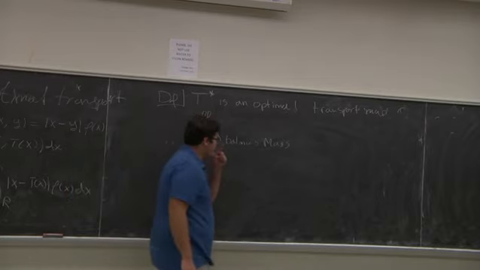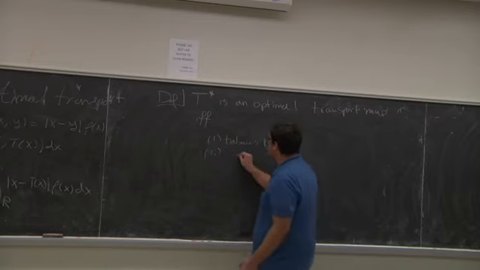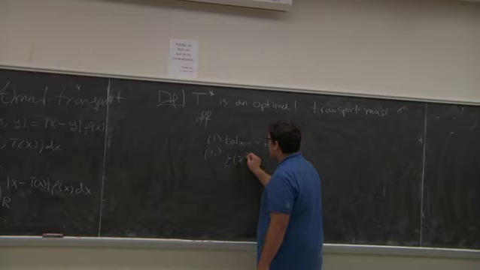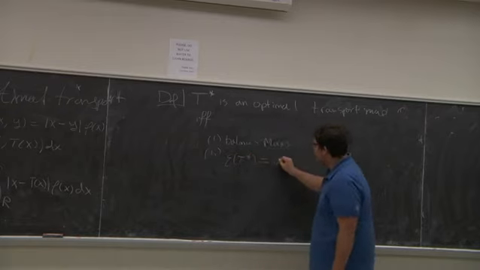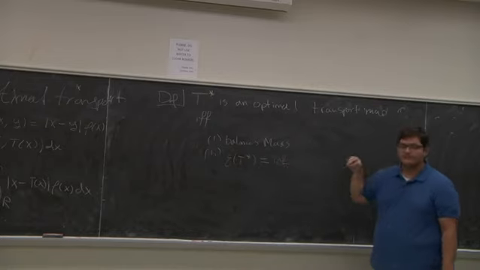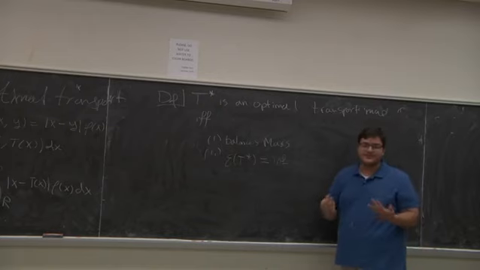So the way that we write that is that the energy of T star is equal to the infimum. This is the convergence point of a sequence of small things. You can think about this just as a minimum.